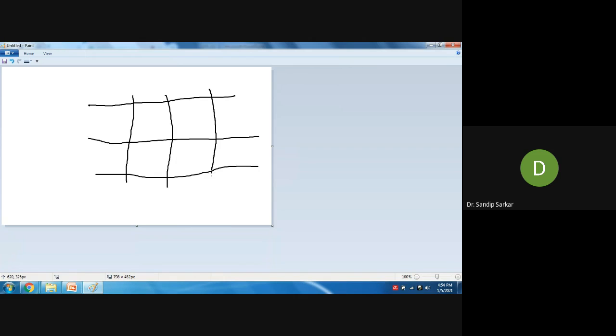These are basically a particular cell. Suppose these are your pressure grid points. Suppose these are the cells, these are the grid points.